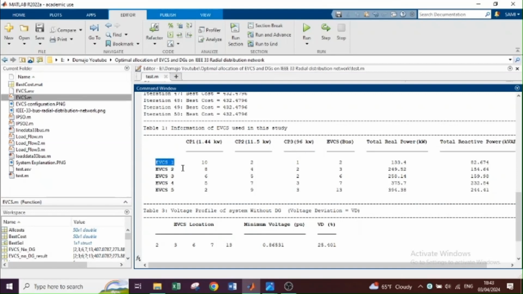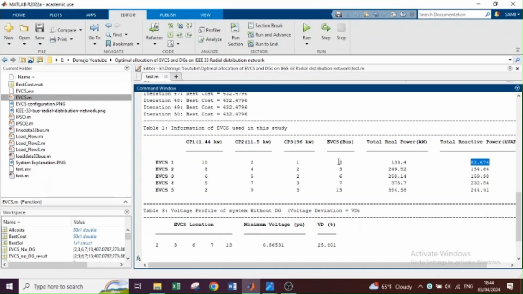This configuration for each of these EV charging stations gives us the power loss, the total real power and total reactive power. For example, for the first one it is 133.4 as the real power for the first EV charging station, and the reactive power is also visible.